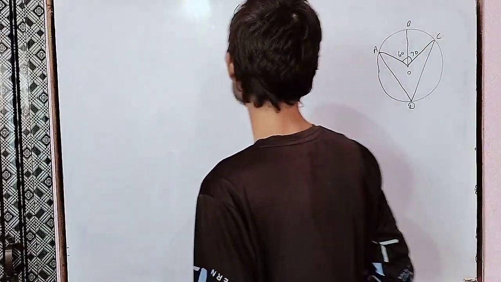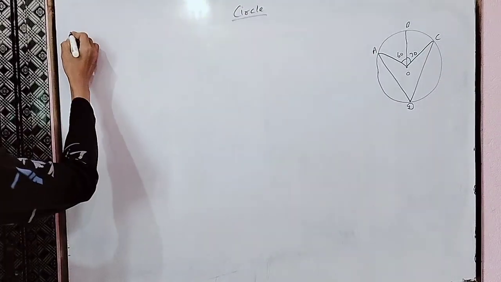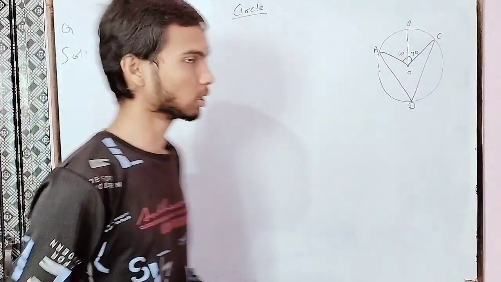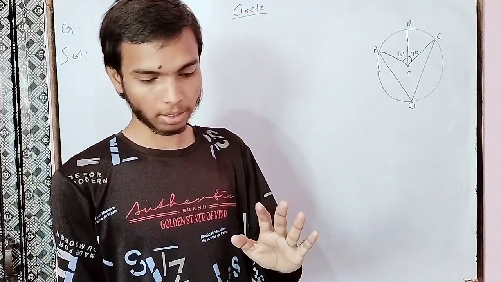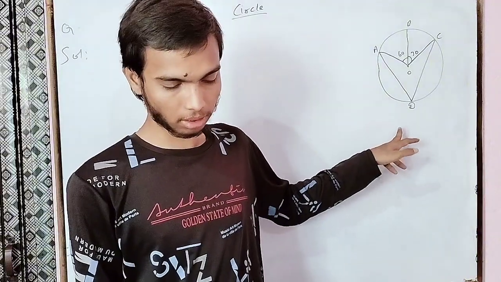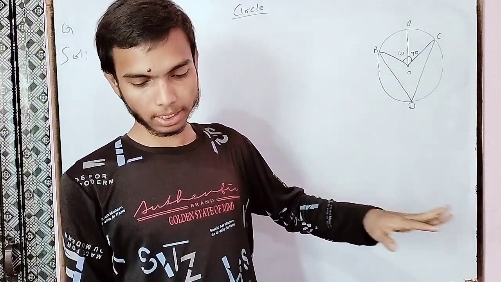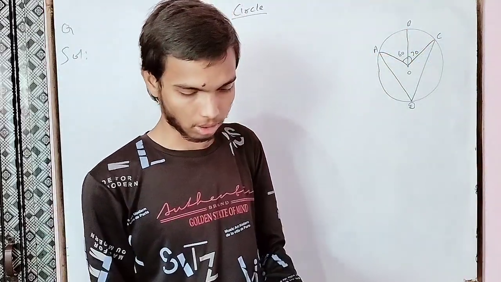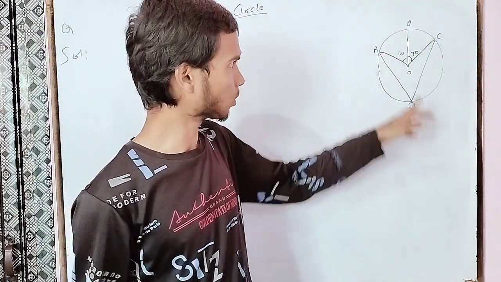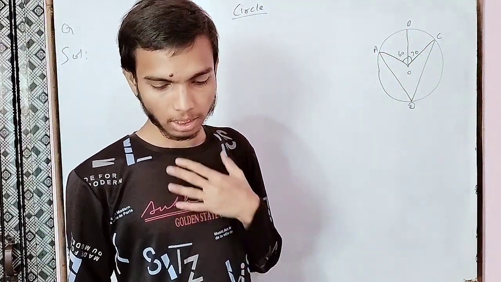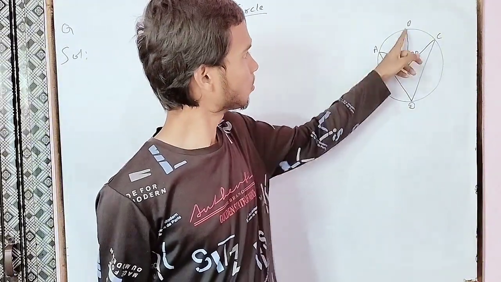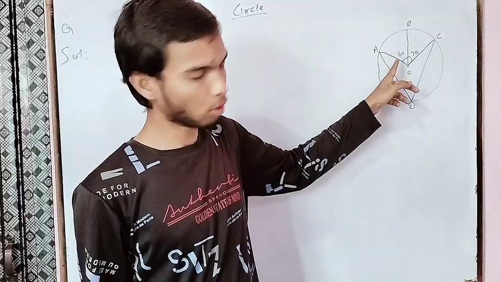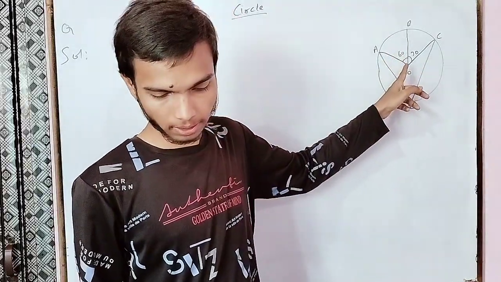First of all, let's read the question. It says in the figure below, A, B, and C are 3 points on a circle with center O, such that angle BOC is 30 degrees and angle AOB is 60 degrees.